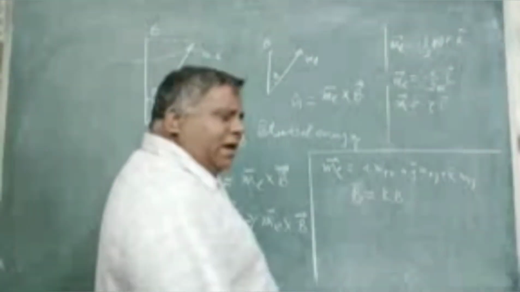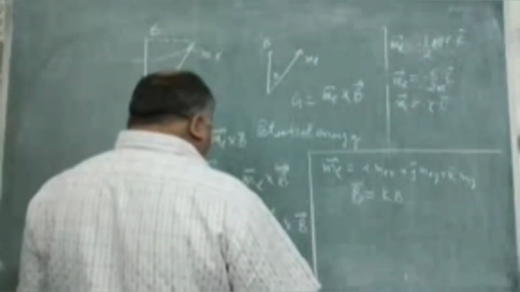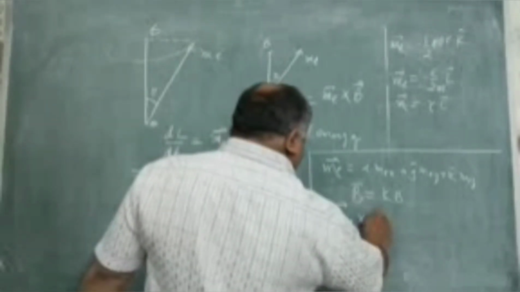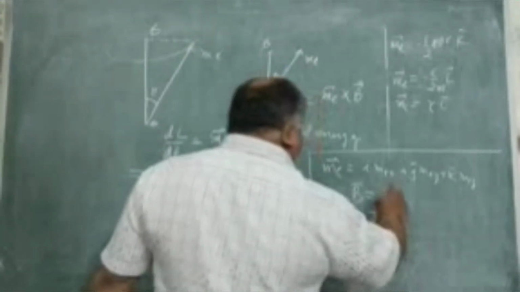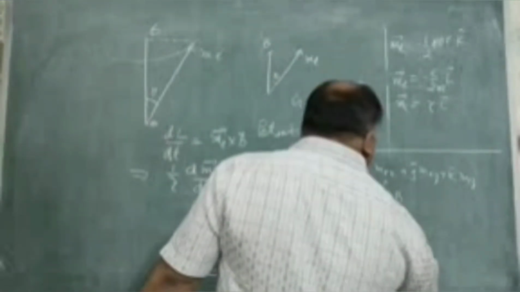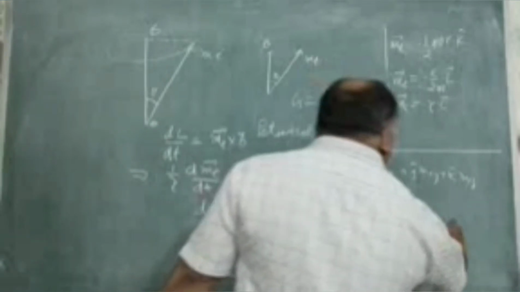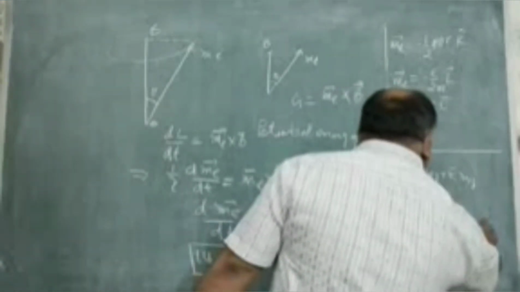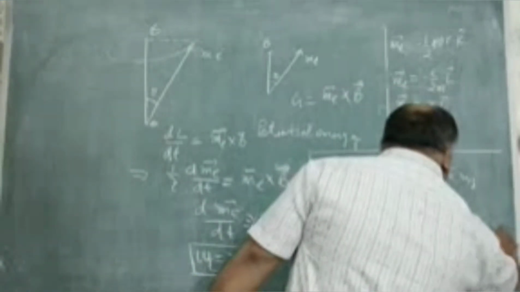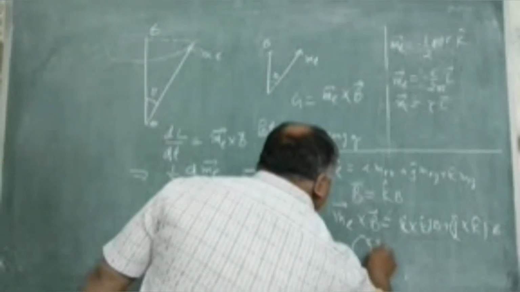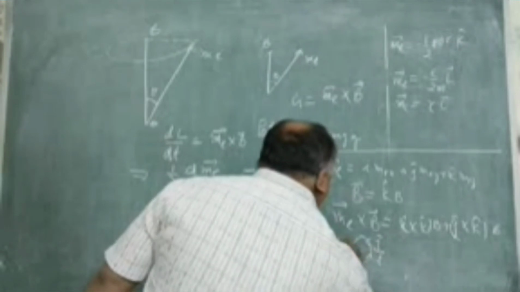B is the magnitude. So if you cross multiply, you have i cross k B plus j cross k B, with i cap, j cap, k cap.